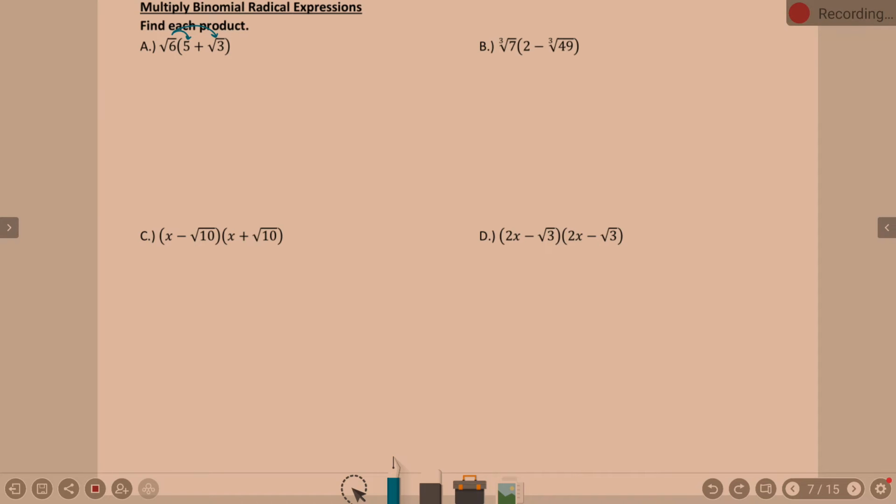So, square root of 6 times 5. The 5 is not a square root, so it's going to stay outside. So I'm going to have 5 square root of 6 plus, what's square root of 6 times square root of 3?